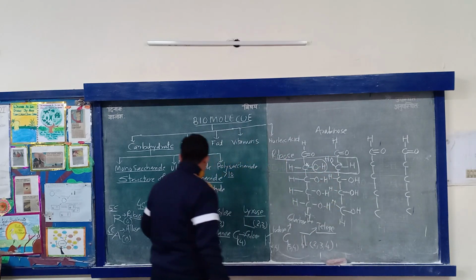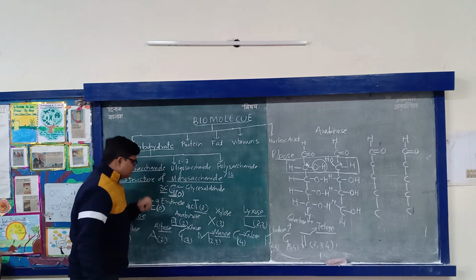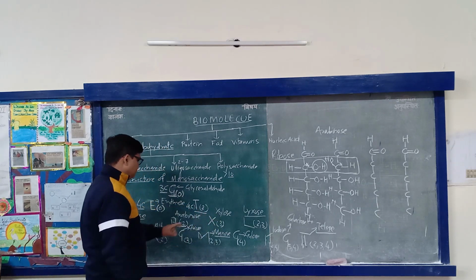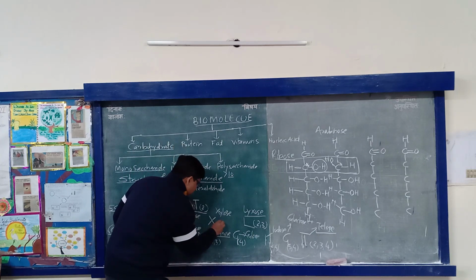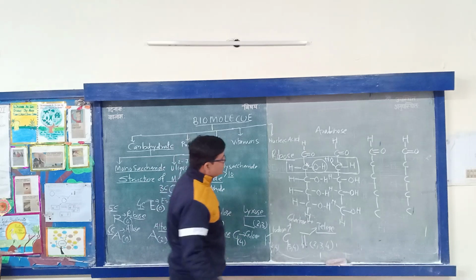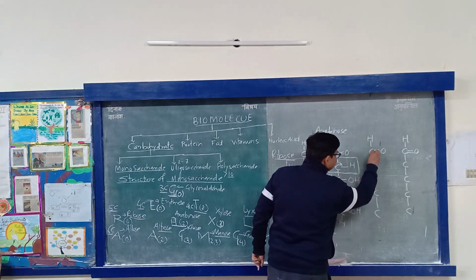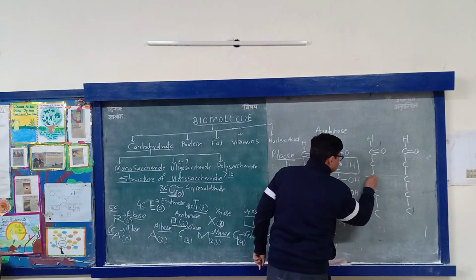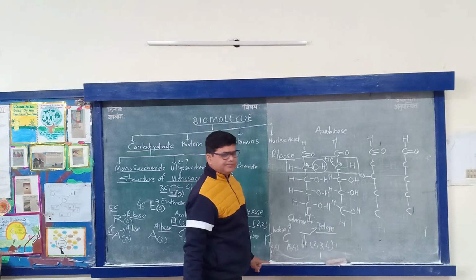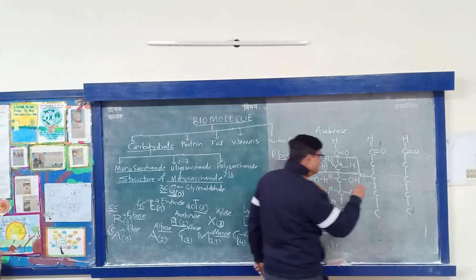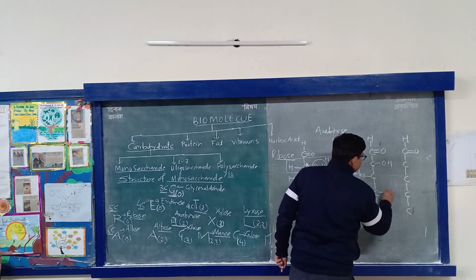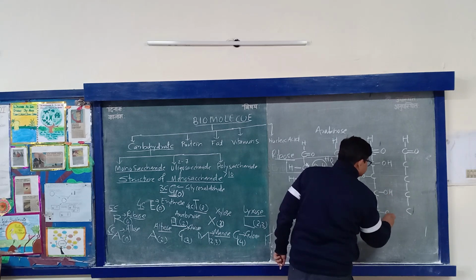Now I am going to draw the chemical structure of xylose. You have to remember 3. So what is 3? Means at carbon number 3, 1, 2, 3, you have to draw the hydroxy group on the left side. And then on the rest of the carbons you have to draw the hydroxy group simply on the right side.